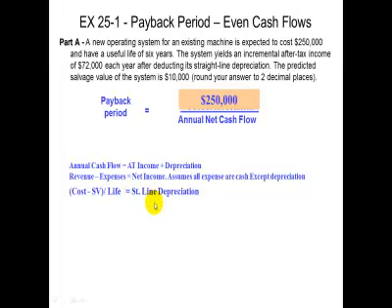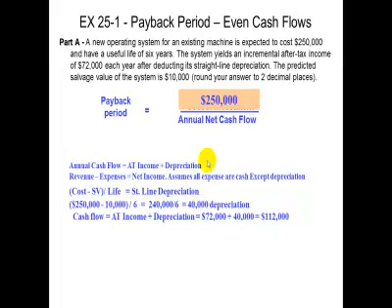In this problem, the cost of this machinery is $250,000 minus a salvage value of $10,000, which comes to $240,000, divided by a 6-year life, and this is going to equal depreciation of $40,000.